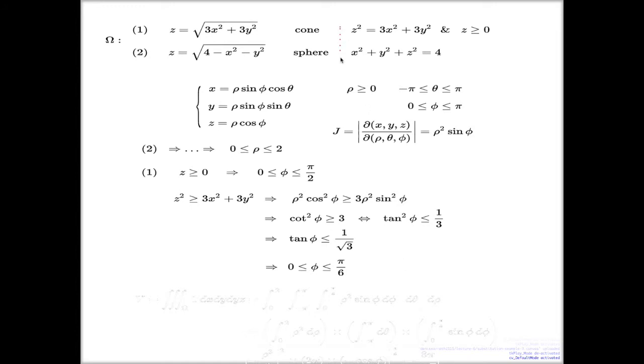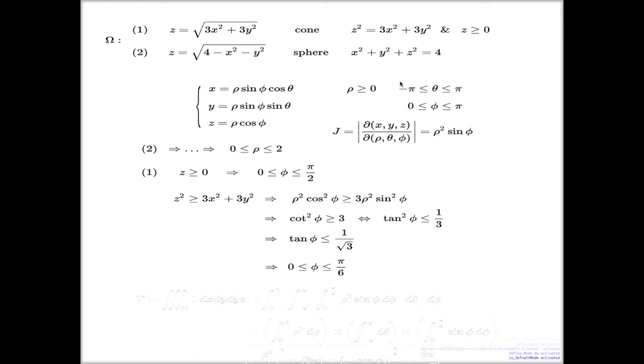This original description of the region, in terms of the spherical coordinates rho, theta, and phi, ends up to be these three independent inequalities. 1, 2, and we said nothing about theta, so we take this original unrestricted range for theta. 3 independent double-sided inequalities, which means that the pre-image of my ice cream cone in the rho theta phi coordinates is the upright parallelepiped.